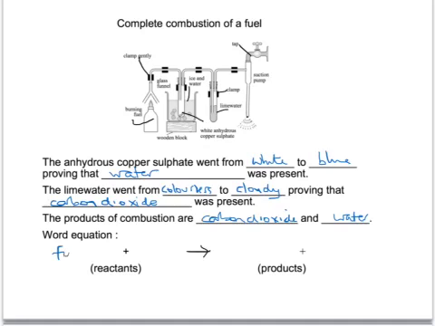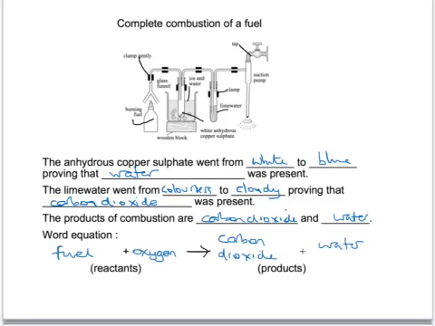So when a fuel burns, it burns in oxygen. Because the fuel is a hydrocarbon, containing carbon and hydrogen only, the carbon part burns in the oxygen to form carbon dioxide, and the hydrogen part of the fuel burns in the oxygen to produce hydrogen oxide, H2O, which is water.